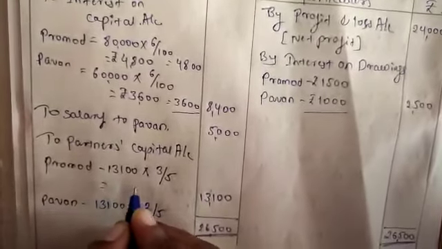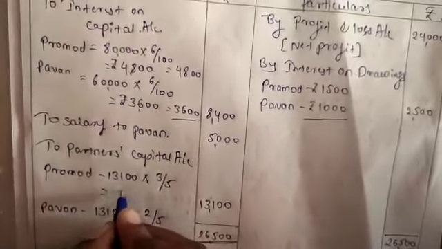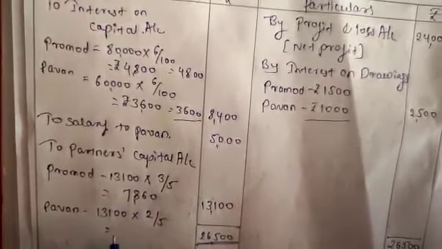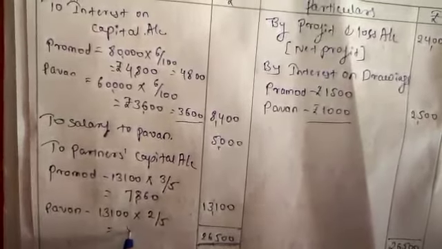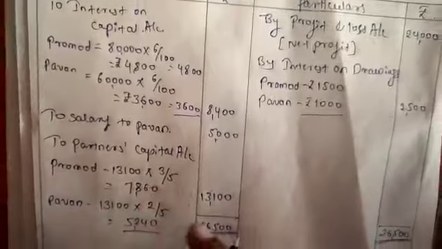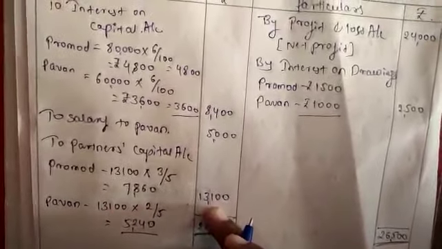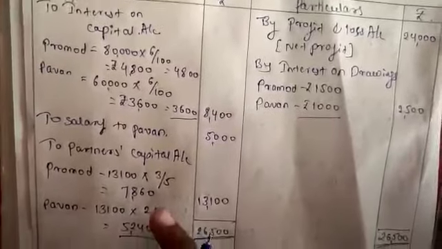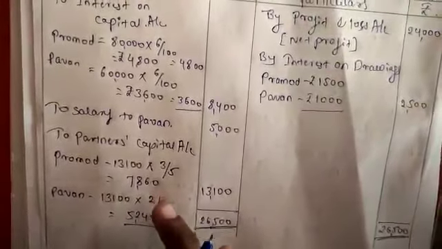This becomes 7,860 and this becomes 5,240. Total profit is 13,100. That should be distributed among Pramod and Pawan in the ratio 3:2.